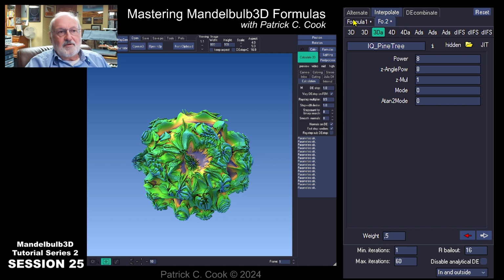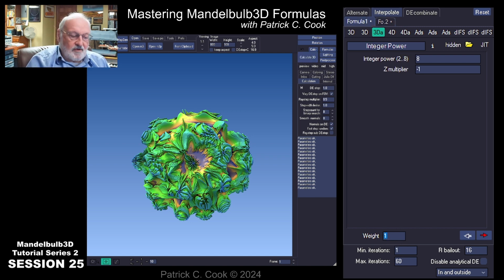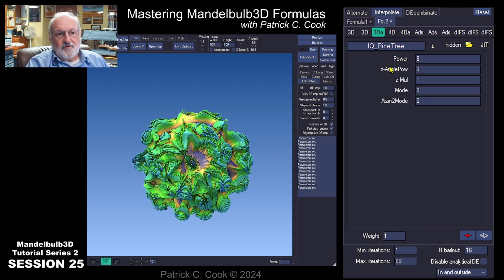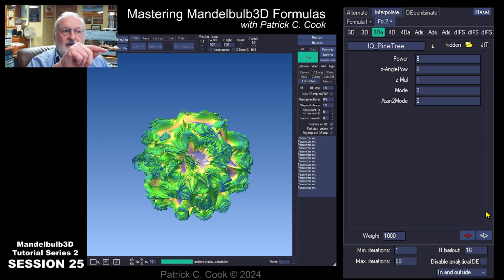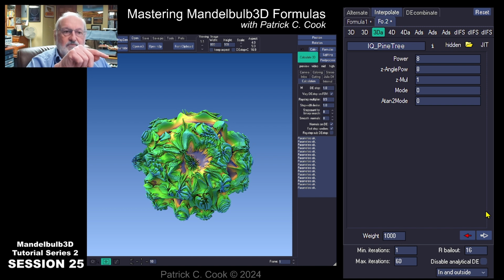Now, I'm going to come over here and set this weight, which used to be 1, to 1,000. Okay, 1 to 1, right. Now I'm going to set that to 1,000. And I should see no difference in that object, and I do not, proving that this is not a percentage. It's just simply a weight, a numerical value weight.